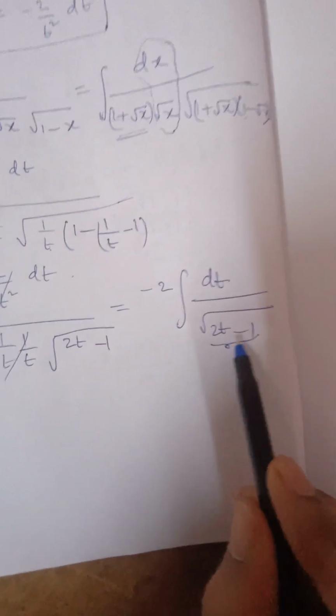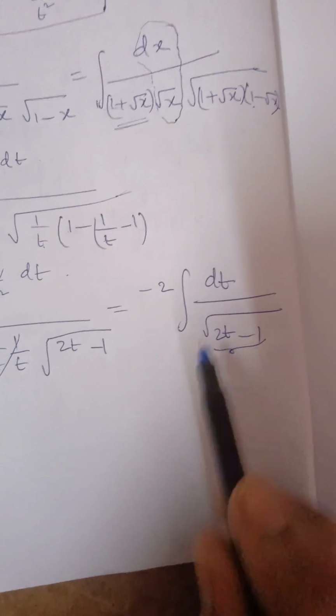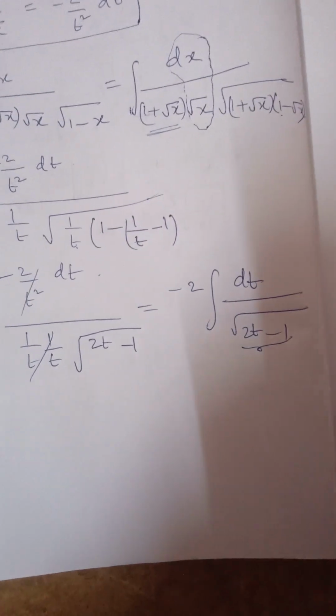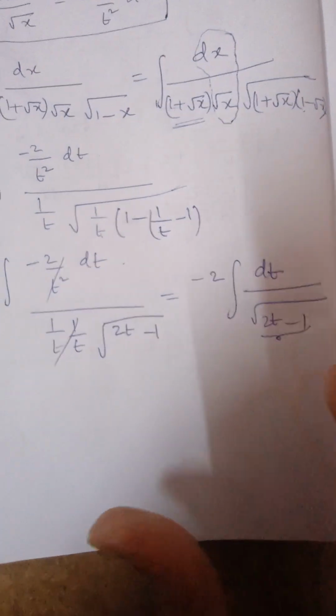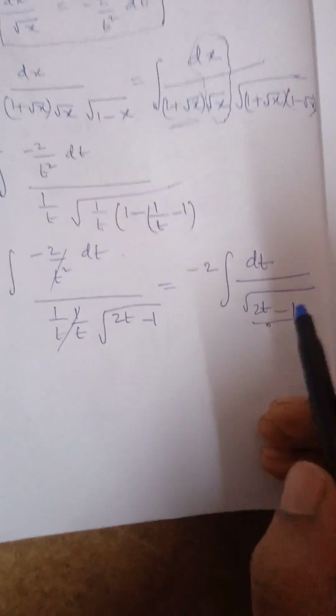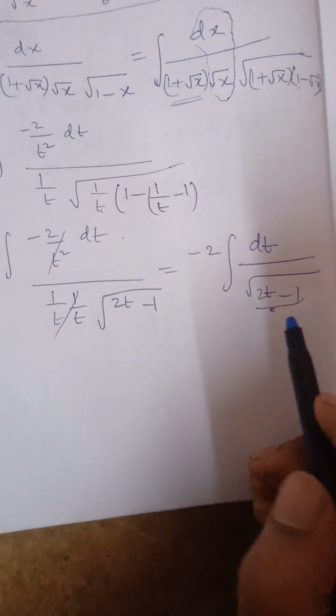As inside the square root the polynomial in terms of t is linear, we can apply the basic standard integral formulas. If it is quadratic, then we have to follow some methods. As it is linear, we can directly apply a basic standard formula.